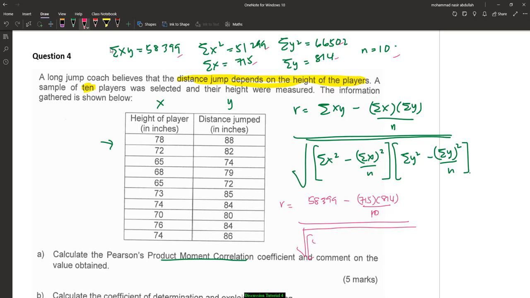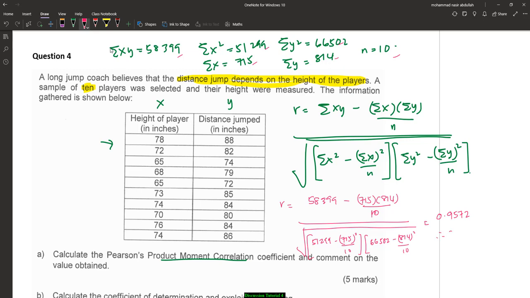And this one will be 51299 minus 715 squared divided by 10 and multiply with 66502 minus 814 squared divided by 10. So you don't need to calculate this in calculator. You just tekan dalam calculator yang value you dah input, so they will give you the answer 0.9572. So what does it mean?